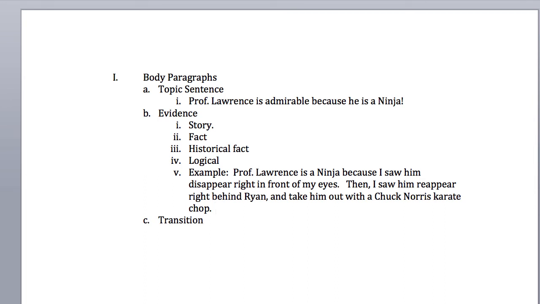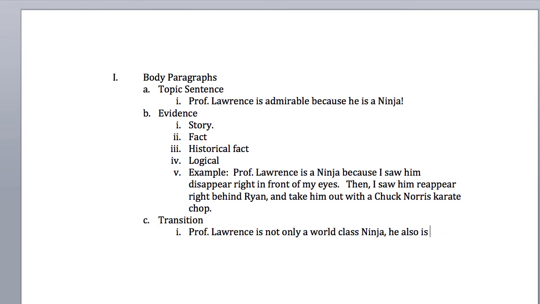Next, you transition into the next part of your paper, which is your next body paragraph, which is your next point. Is not only a world-class ninja, he also is flawless.